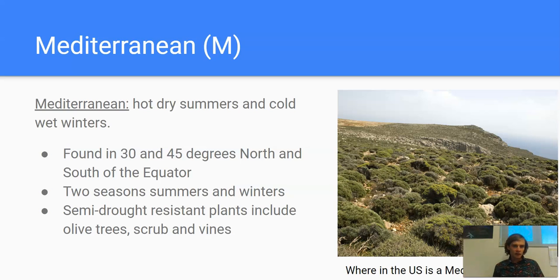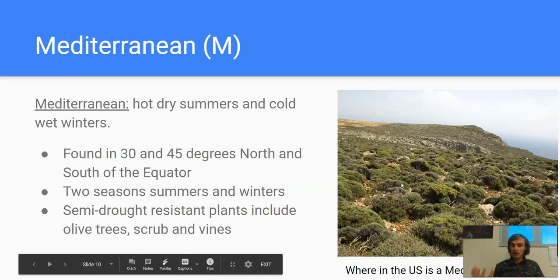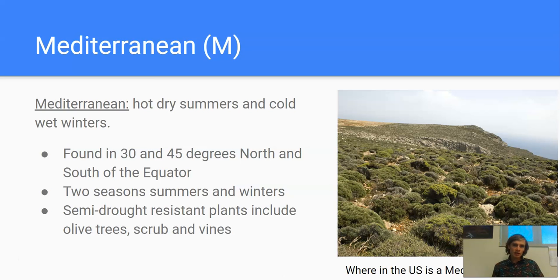They have a lot of what we call drought-resistant plants, which means that they can withstand the dry climate. A drought means when there's a period of low rainfall. So olive trees, scrub, deserty-looking plants, vines like grapes grow really well there. In the Mediterranean part of the world around Europe, we have this kind of climate. Also California has this kind of climate too.